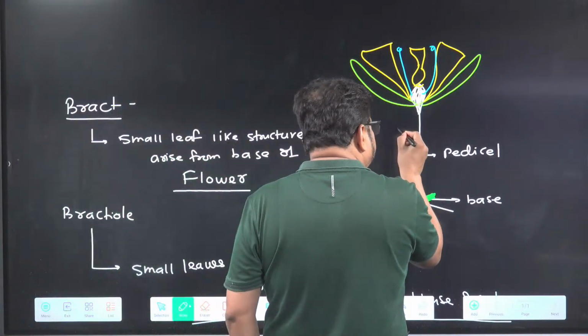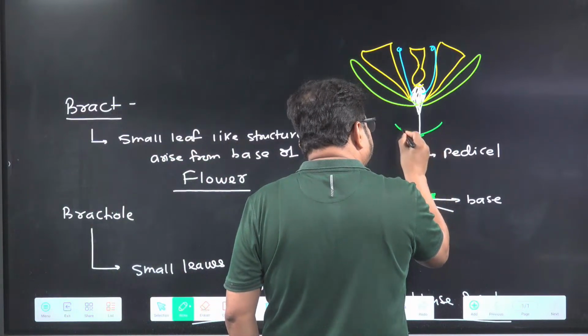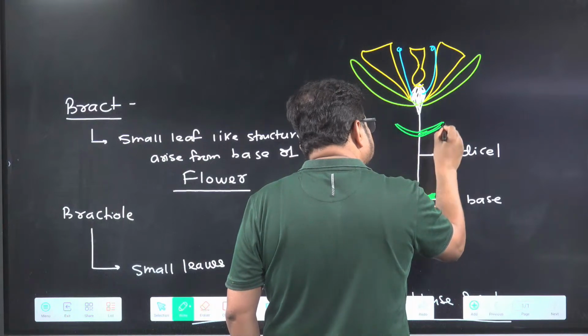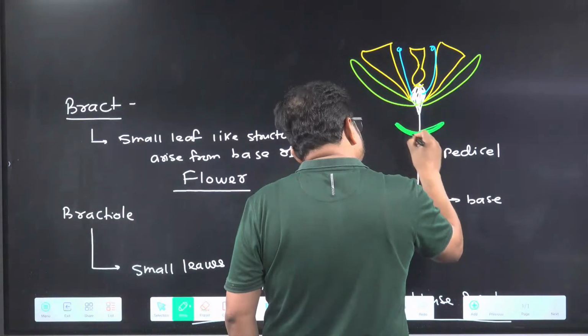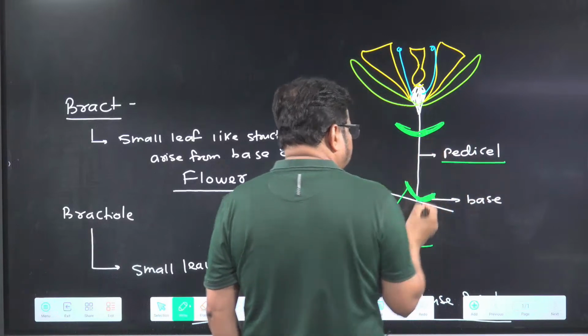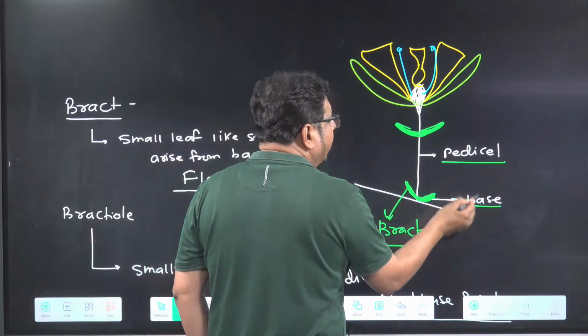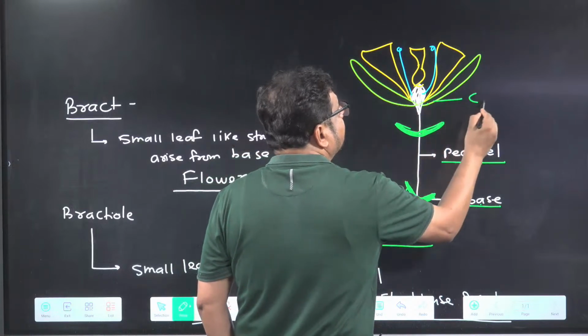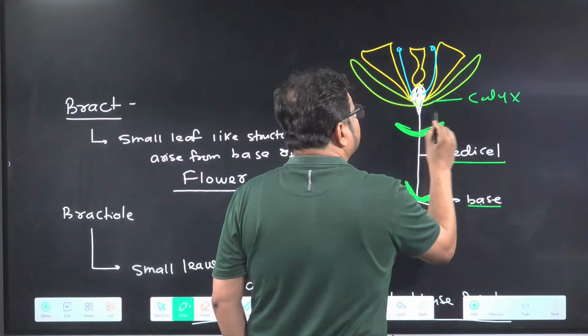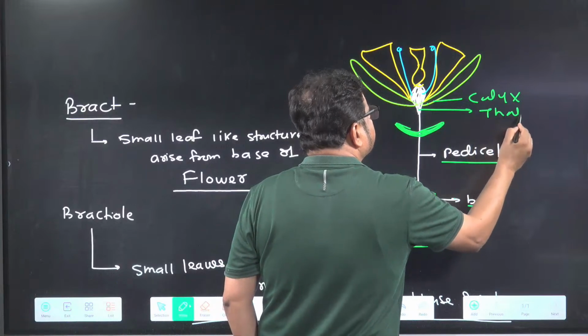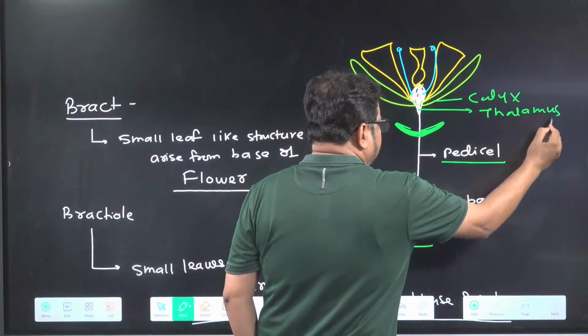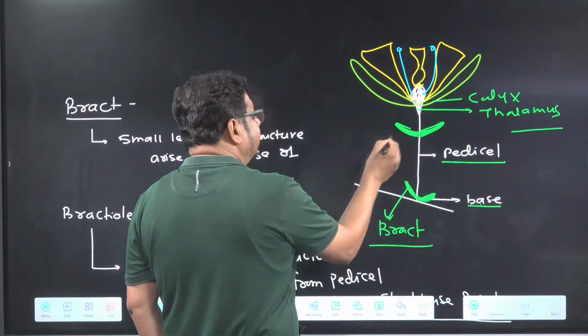Now if a leaf-like structure arises from the pedicel, in between the leaf base or calyx, or basically in between the thalamus and leaf base, here it is arising. It is called which one?